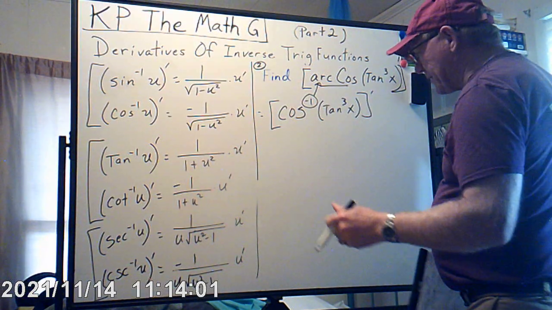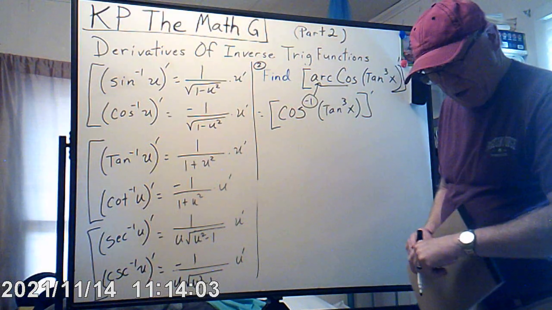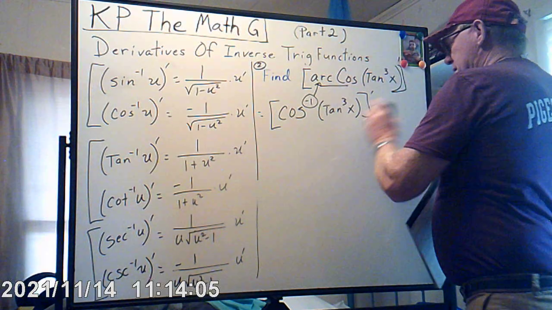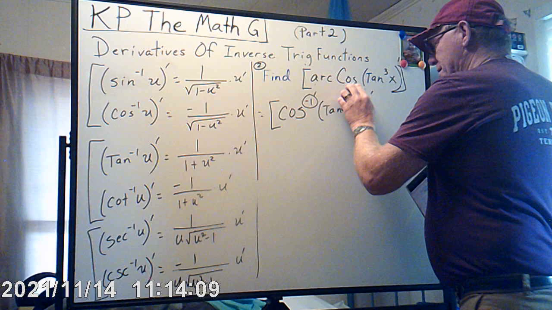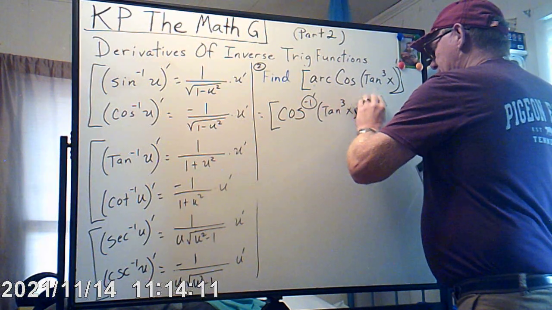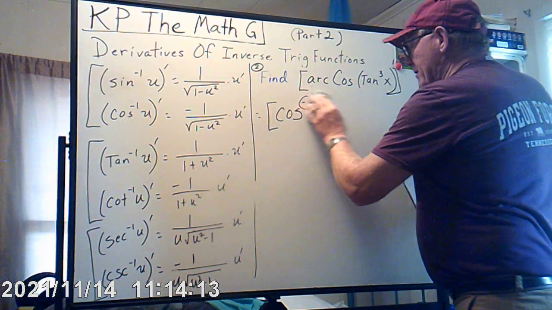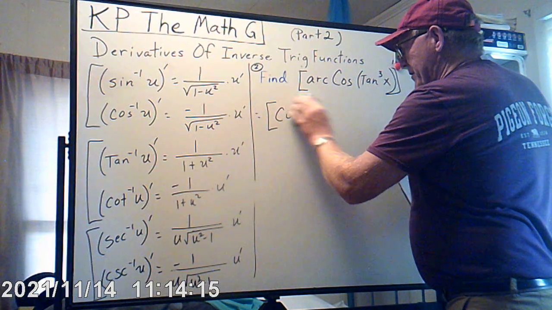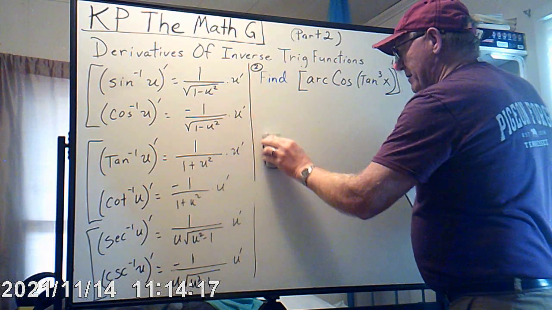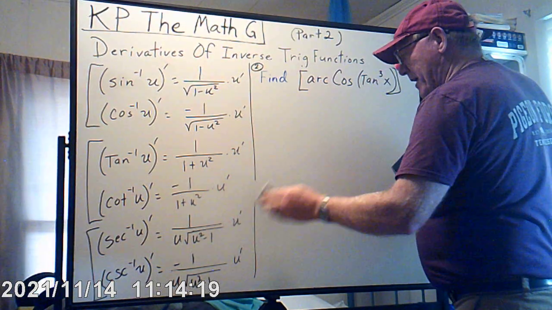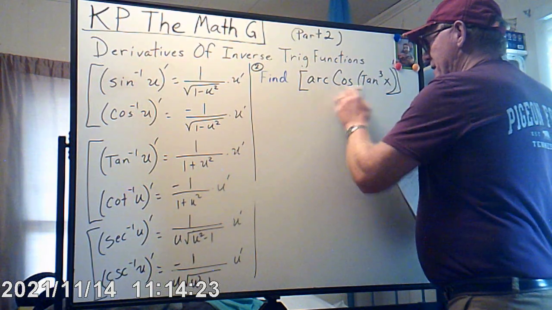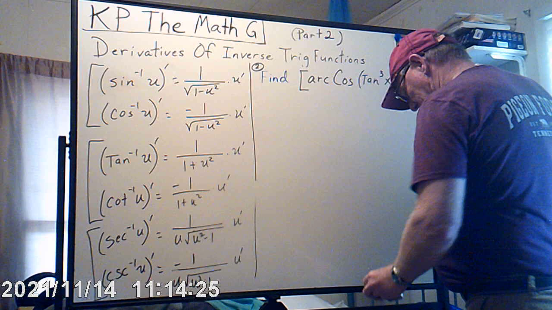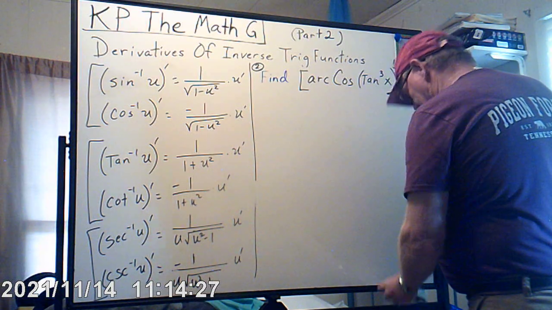So just make sure you understand that there is no difference in that. So I'm going to erase this. I just don't want any students to see arc cosine or arc secant or whatever and not know what that is. Well, that's just the inverse of cosine.